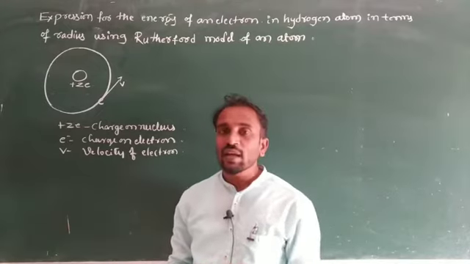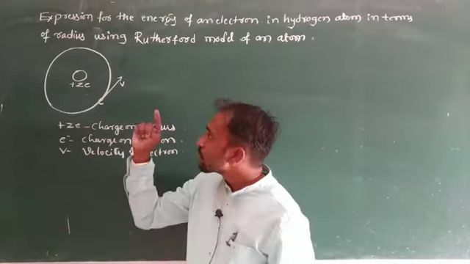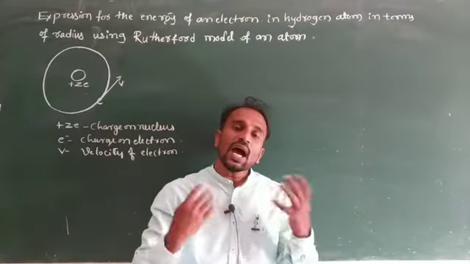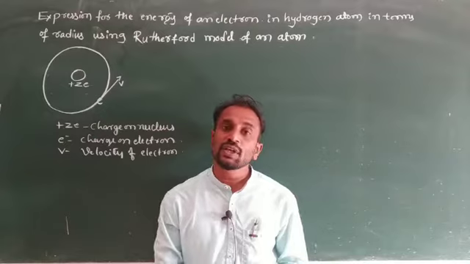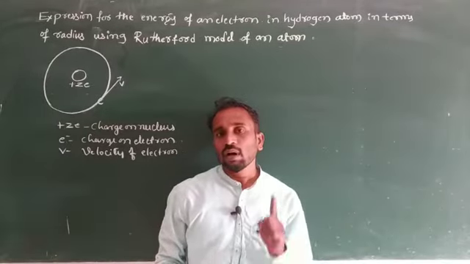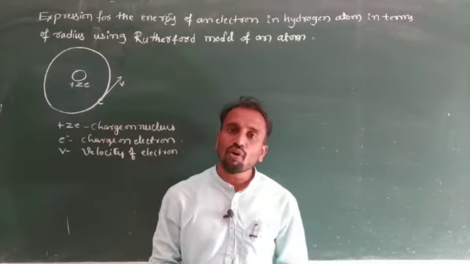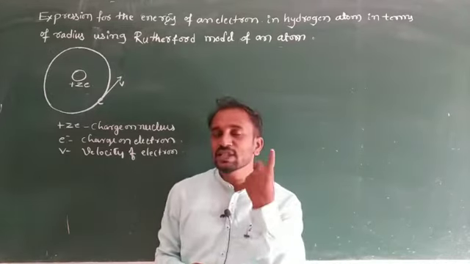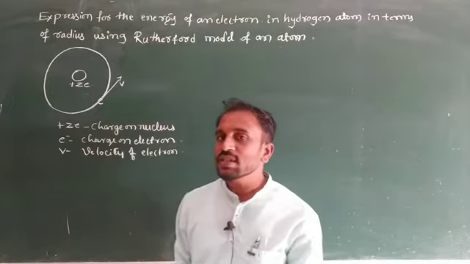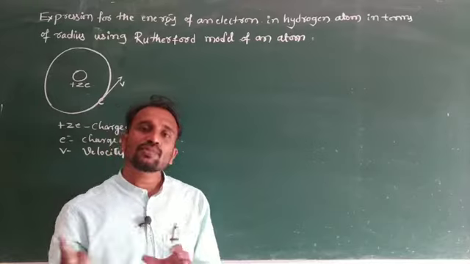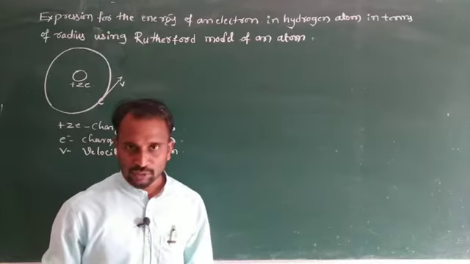So in a stable orbit the electron has kinetic energy as well as potential energy, and the total energy is the kinetic energy plus the potential energy.